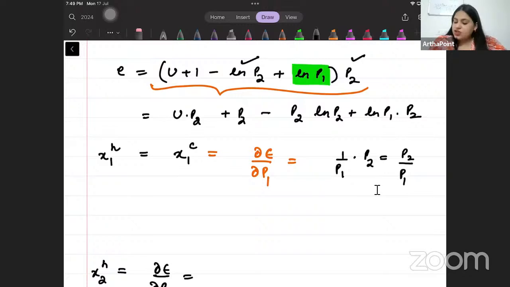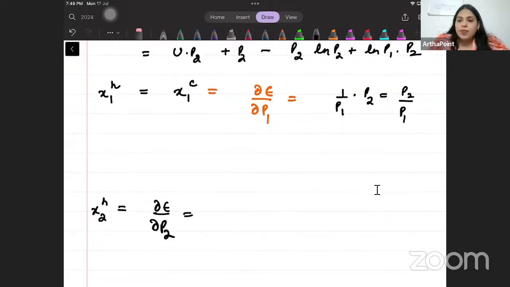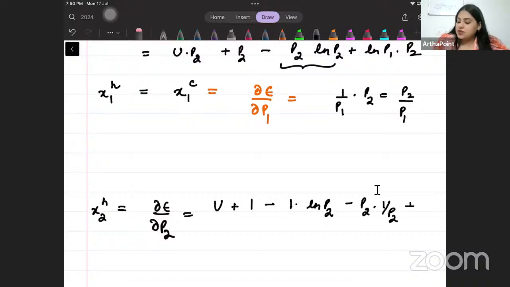So if I just differentiate, what will I get? Differentiation of U P2 will be U. Differentiation of P2 will be 1. Yahan pe product rule lagega, so differentiation of the first function, second as it is. First function as it is, differentiation of the second function, plus ln P1. This is just a constant getting multiplied with P2.